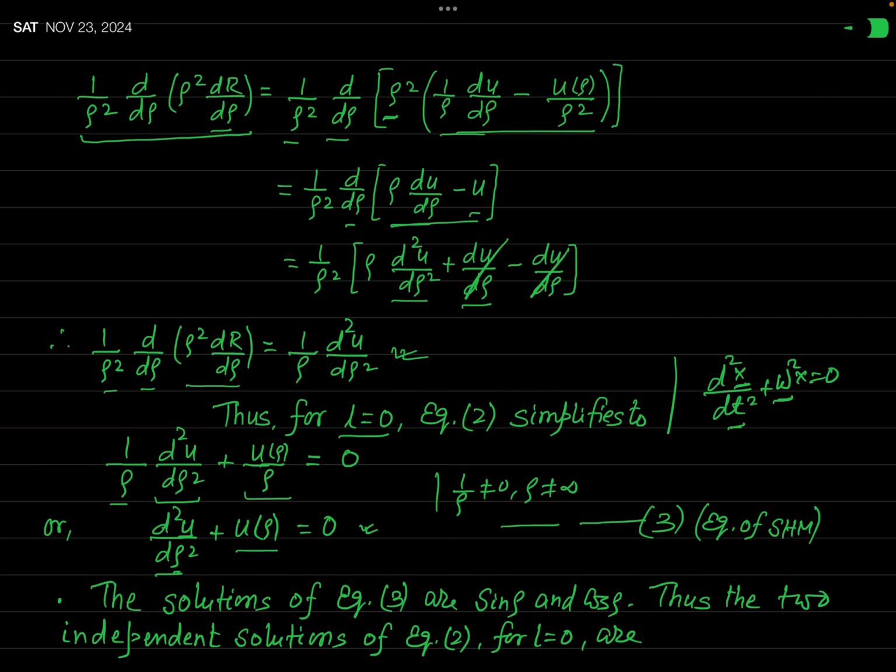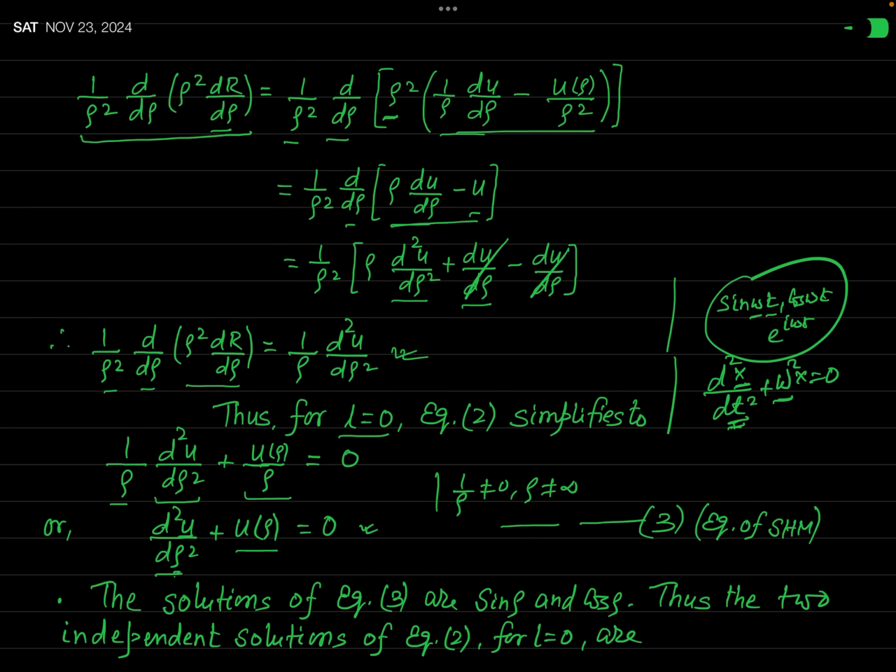Okay, and you definitely have an idea that the solution of the differential equation of SHM can be written in terms of sine omega t, in terms of cos omega t, in terms of e to the power i omega t, and so on, and a combination of sine and cos. Here omega is equal to 1, and in place of t you can see there is rho.